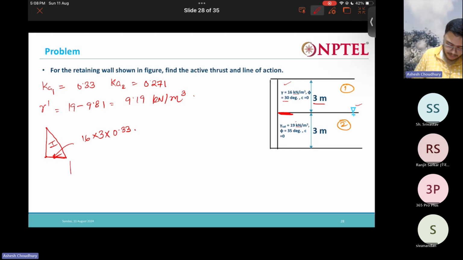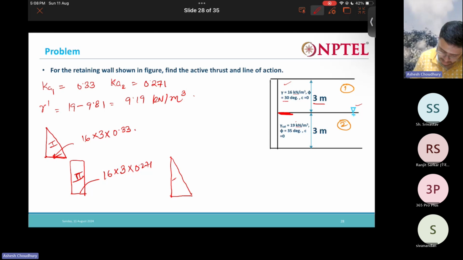So for the bottom part, if you want to draw, it will be rectangular, and this will be nothing but 16 into 3, the charge that is acting on the bottom, into 3 into Ka2. Done. Then again at the bottom, for the inherent soil, we will have the same triangular variation.